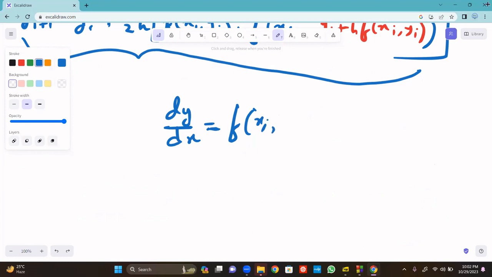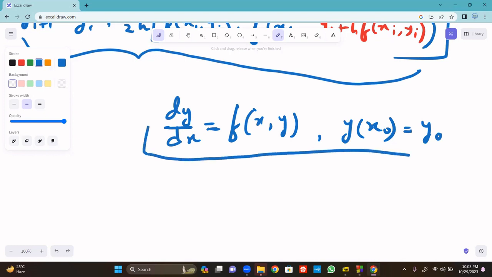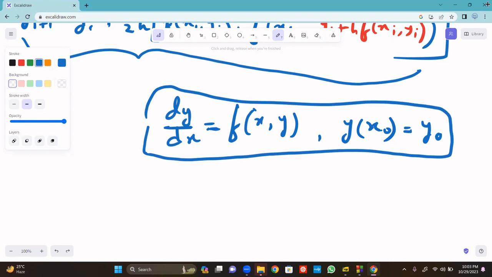So there is no i in the original IVP. dy by dx equals f of x, y with y at x naught. So this is the exact structure of an IVP that we can solve using Euler method or modified Euler method.